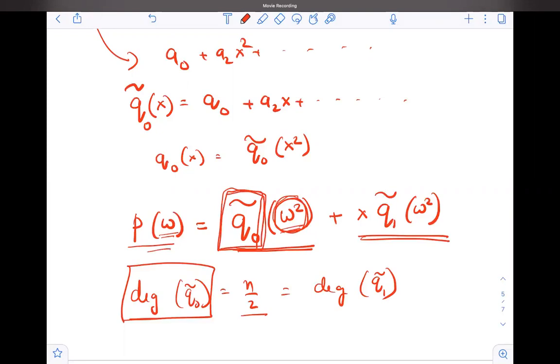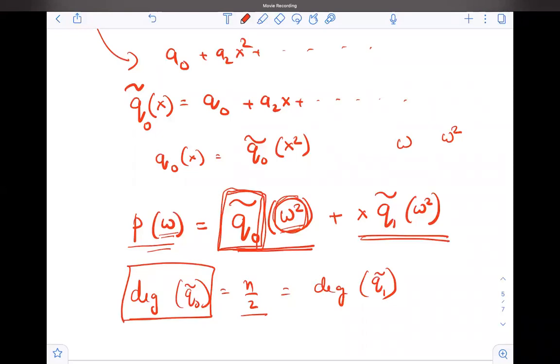The fact that if w is an nth root of unity, then w squared is an n by 2th root of unity, this part we are using. This is not guaranteed by any other set.